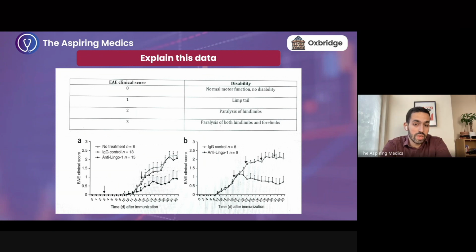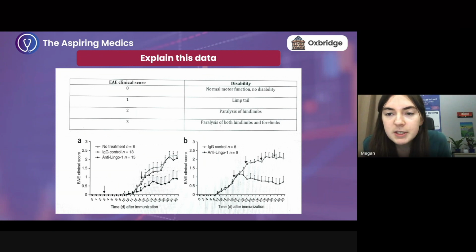And is that relevant, do you think? I mean, potentially. They're suggesting that because the booster's not given as quickly, the EAE score starts to increase before they give the booster.